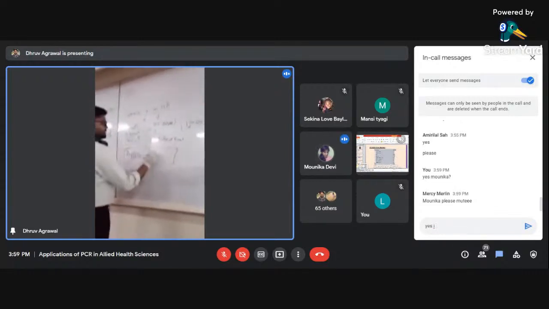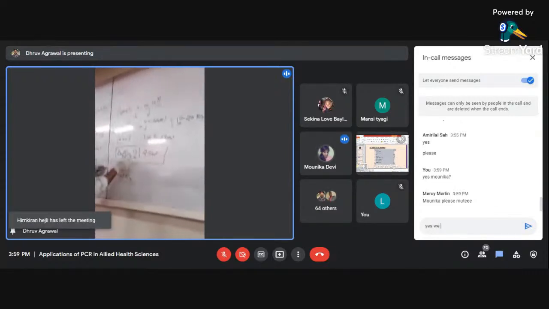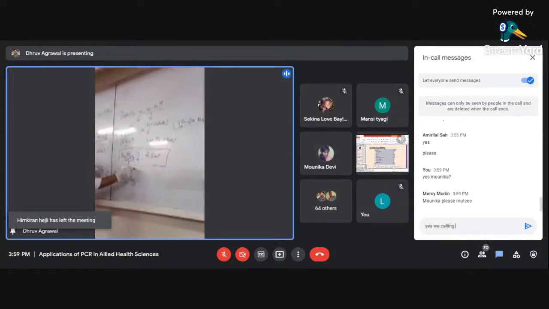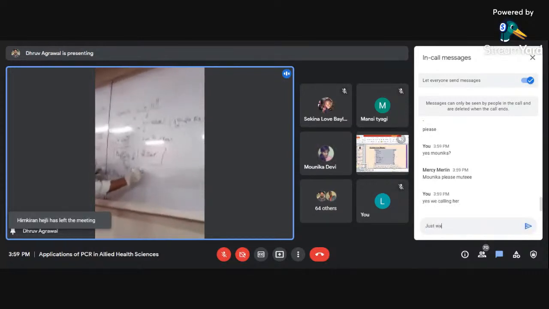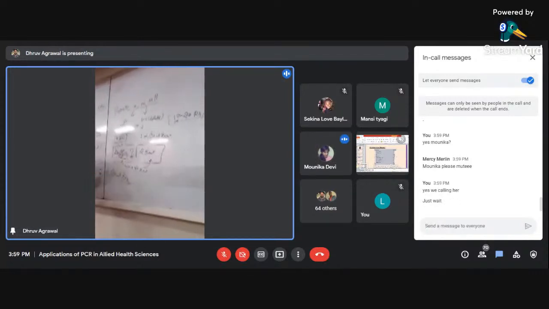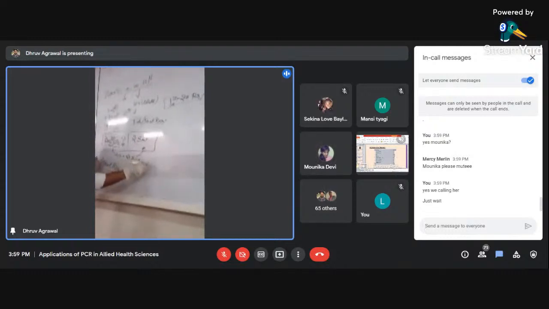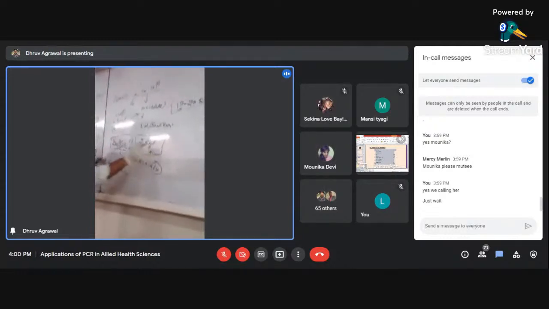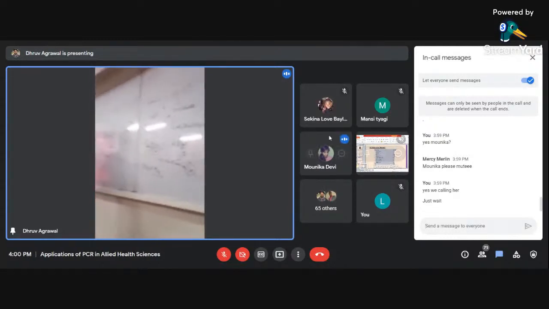As you know, buffer comes as a 10x, so we can add 2.5 microliter buffer. So it will give us the 1x concentration in the 25 microliter reaction.